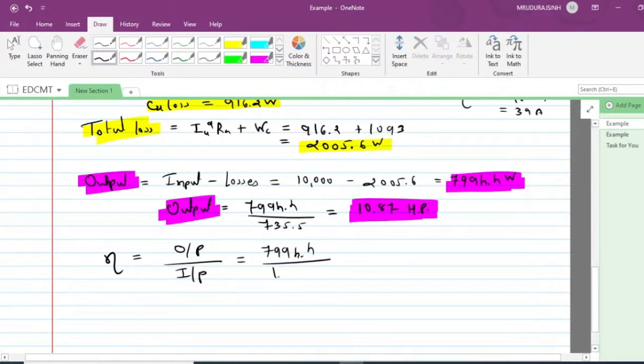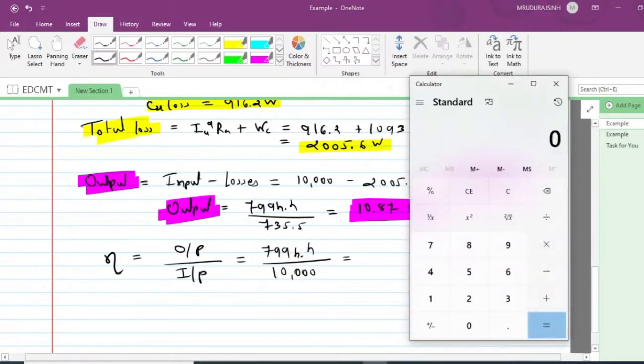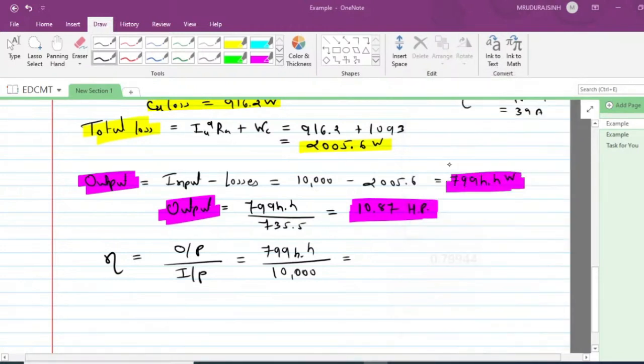So the efficiency will be 7994.4 divided by 10,000, so 0.7994, and if we want to convert this into percentage, the percentage efficiency is 79.94%, and this is our second finding. This is the second thing which we needed to find.